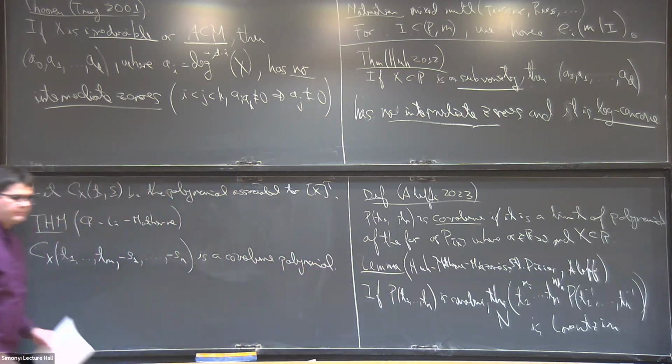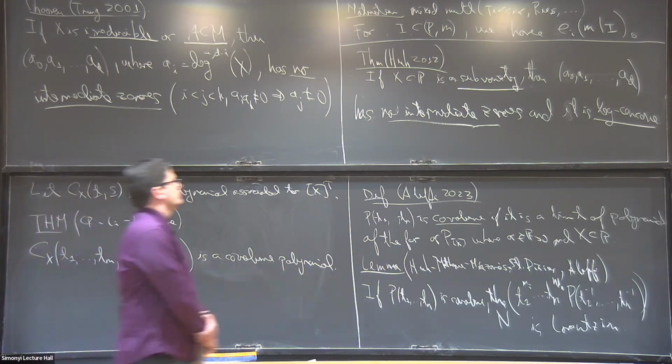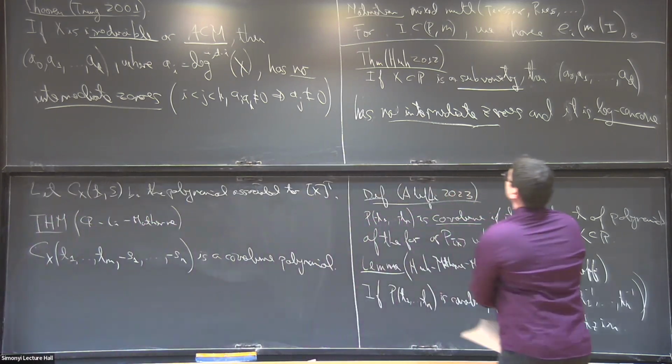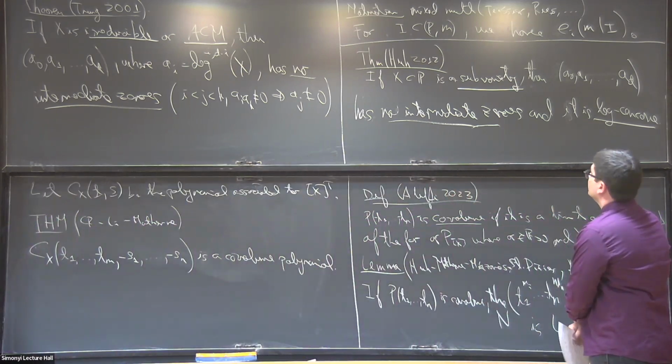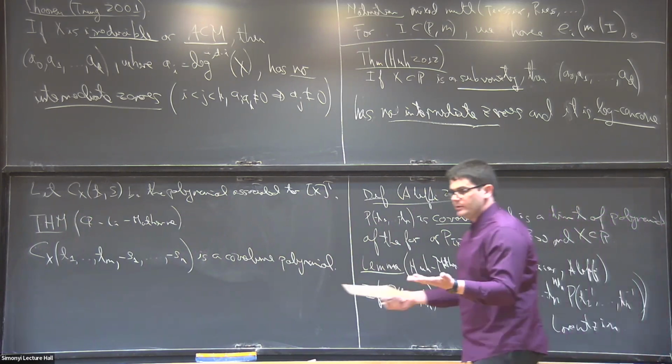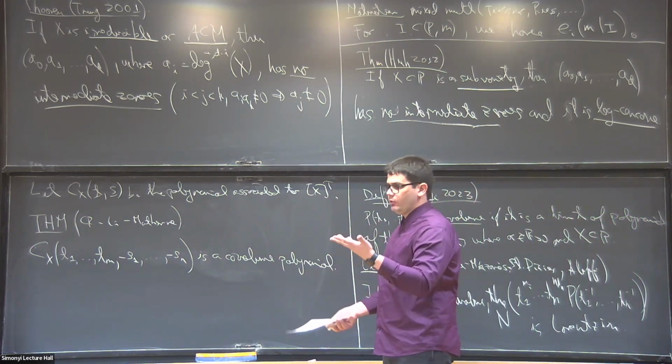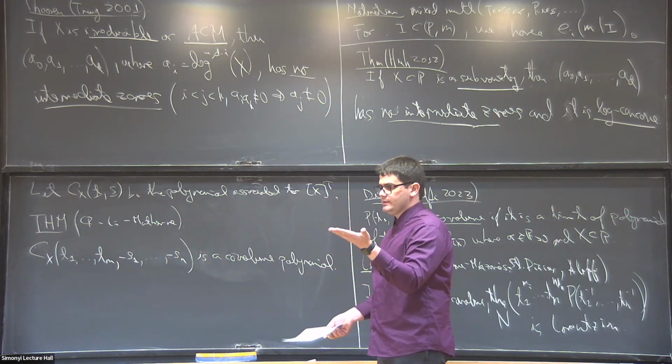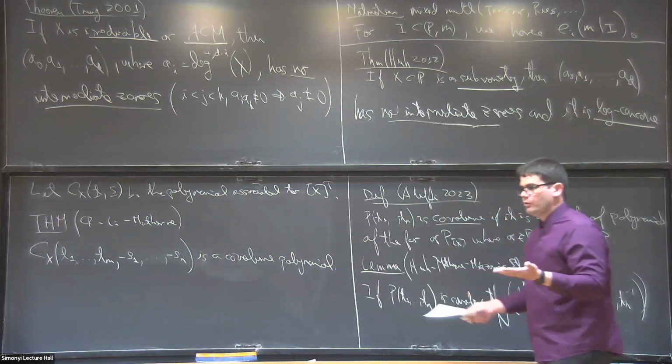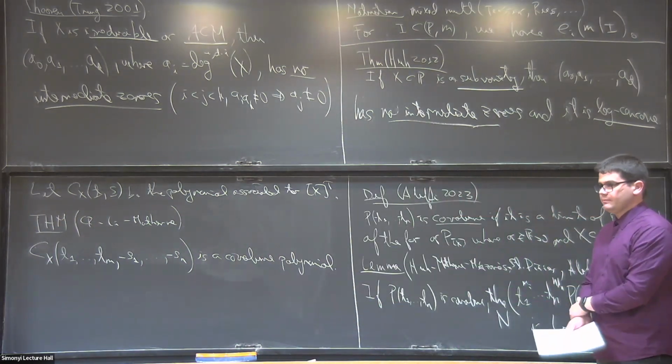Sorry, could you explain the definition again of covolume polynomial? Yes. For any irreducible multiprojective variety, you get a polynomial associated to its class inside the cohomology ring of the product of projective spaces.